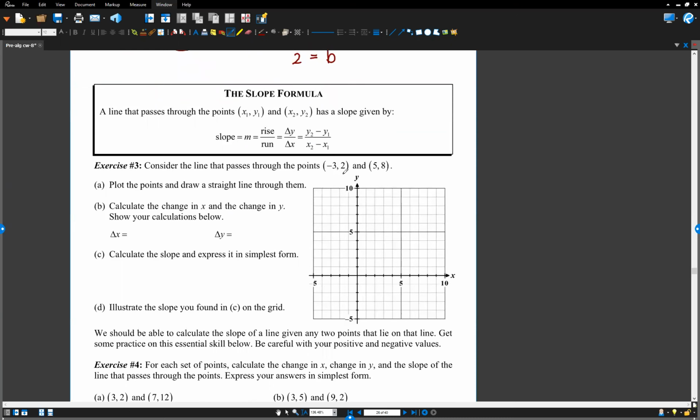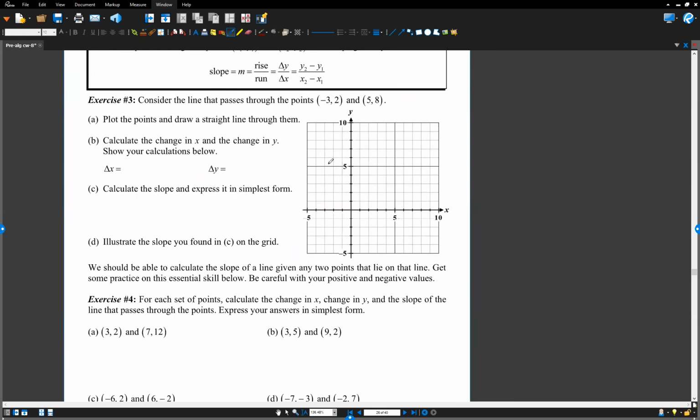Now using the table, I'm not going to use a graph now. Using the points -3, 2 and 5, 8, everybody try to find the slope. Okay, using these 2 points, find the slope.